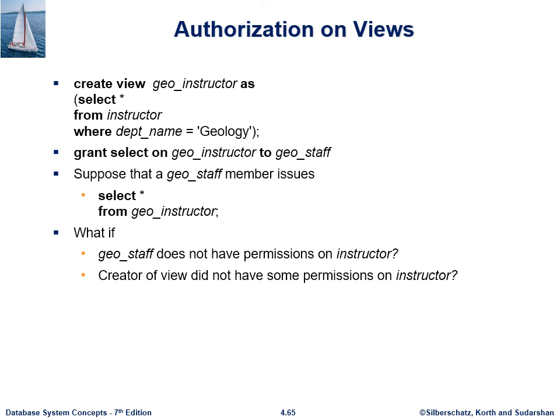For example, if we grant select, the creator of this grant must have the select. If we grant delete or insert, the creator must have that privilege. If the creator didn't have that privilege, then this will be denied. Okay, this is about view privilege authorization.